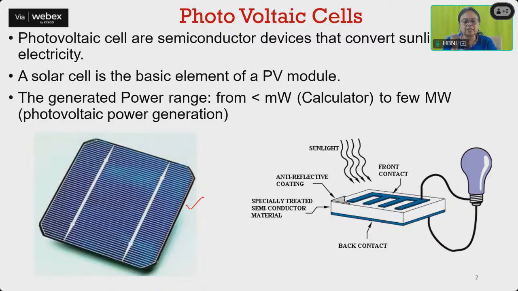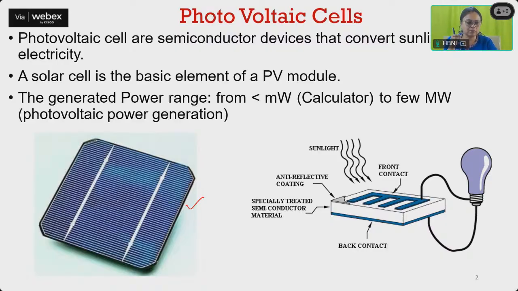What are the different materials, how a solar cell is made, and what should be its properties? So what is a solar cell? What is a photovoltaic module? A solar cell is the basic element of a photovoltaic module, and the power generated using solar cells can start from milliwatts, as used in a calculator.